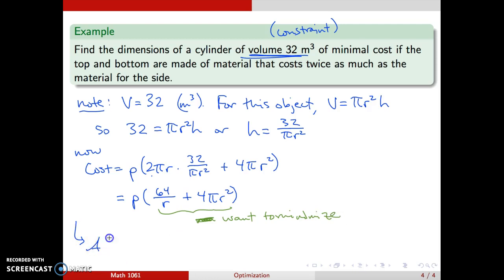Let's say this is A of r equals 64 over r plus 4 pi r squared. We'll think of this as the weighted area, because it's not quite the area. It's got that 2P, twice as much for the top and the bottom, built into it, so it's a little bit more than area. It's a weighted area. And now we can proceed.